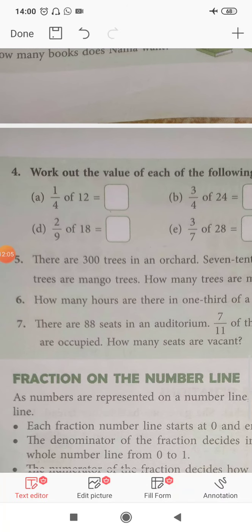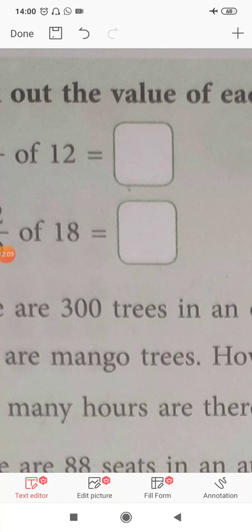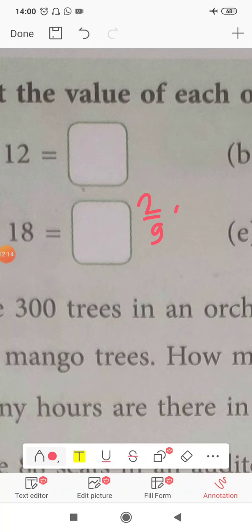Say for example number D, I will solve it for you. 2 by 9 of 18. So you have to find 2 by 9 of 18. So you will write 2 by 9 multiplied by 18. So first you will multiply the numerator. This is the easiest process. You can directly divide, and also you can do other processes. Many of you will do it like this: 9 ones are 9, 9 twos are 18.